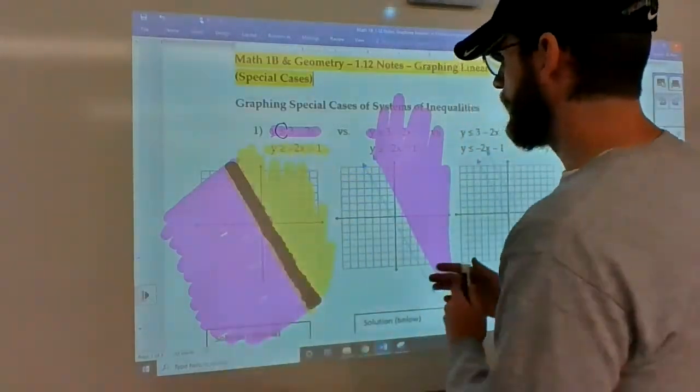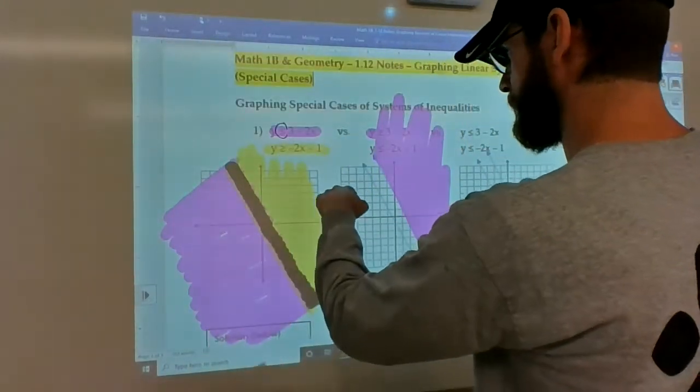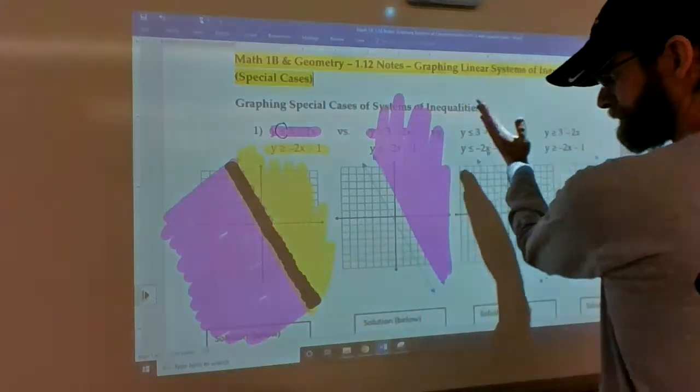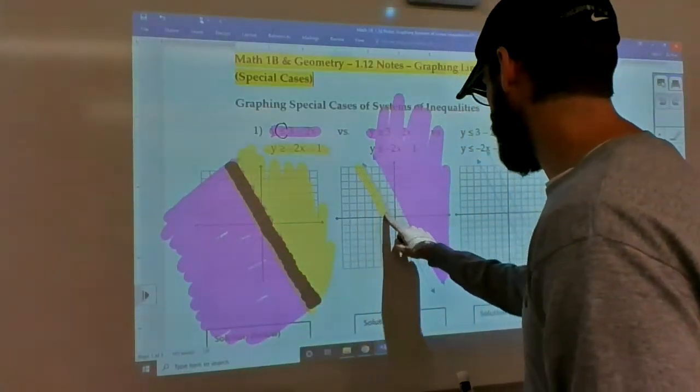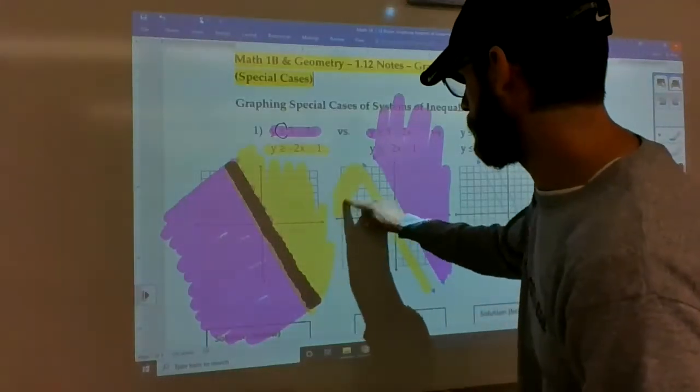This one is now opposite what it was. Instead of going above, it's going to shade below. So this line is now shade below.